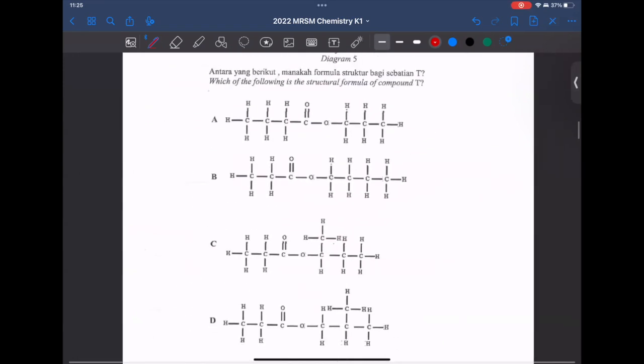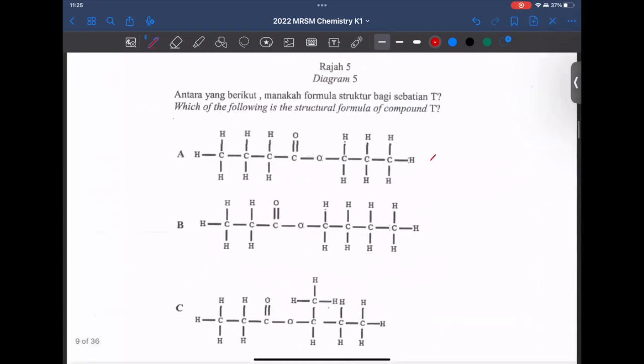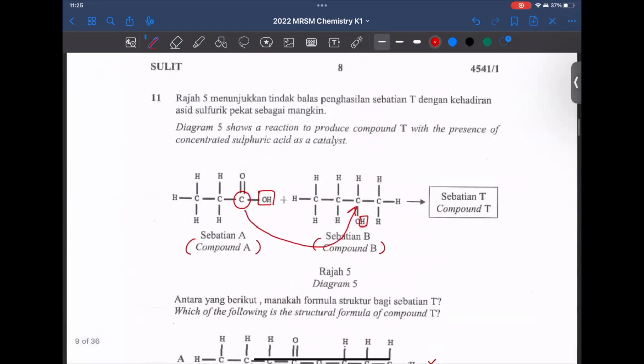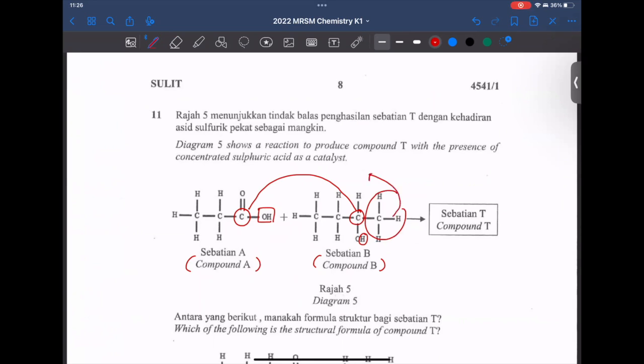So if we look properly, the structure will not be a linear one. So these two will be out technically. Why? The OH group is located in between here, which means it's here. So like I said just now, this carbon must come and bond with this carbon over here. In order for it to bond, they must be side by side. So most likely this one will move towards the top.